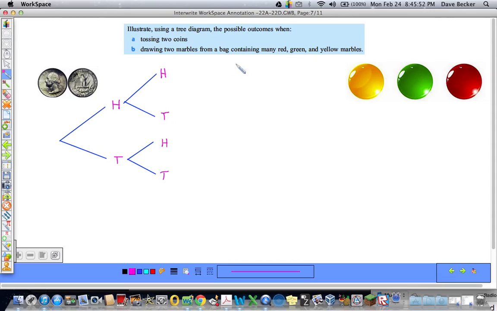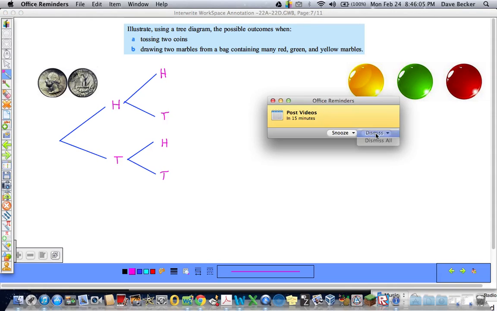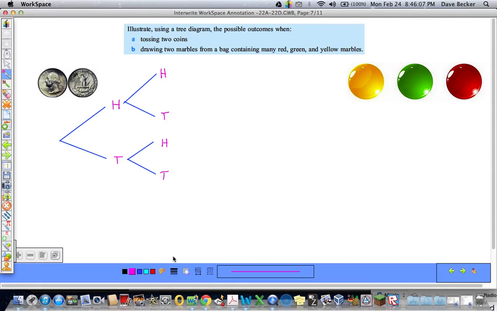What about drawing two marbles from a bag containing many red, green, and yellow marbles? What would that look like? Well, what are my possibilities? I reach into the bag and I could draw one of three colors.